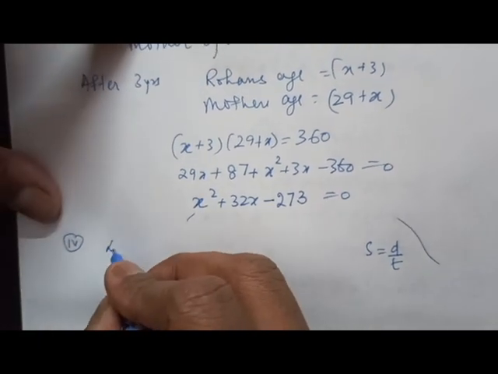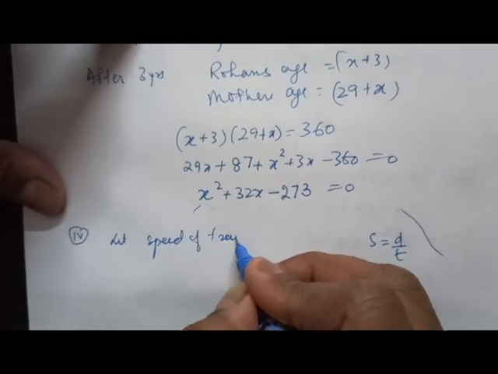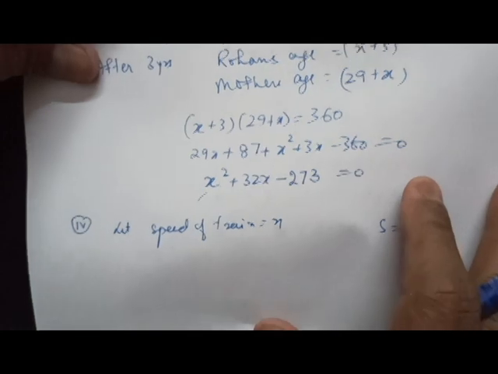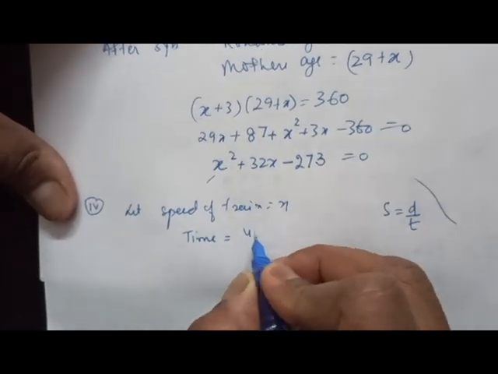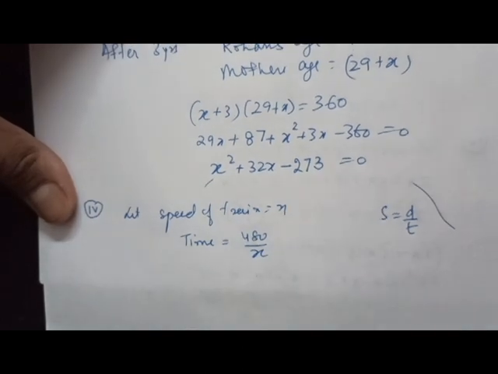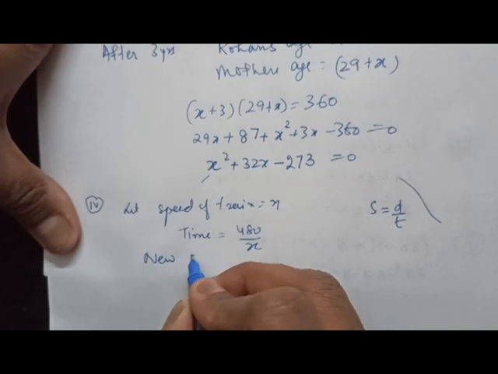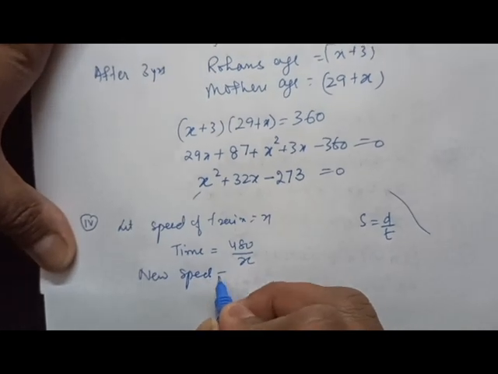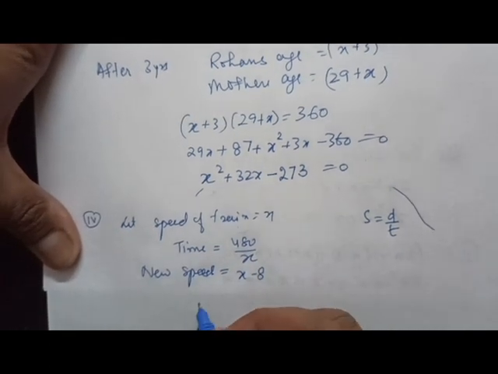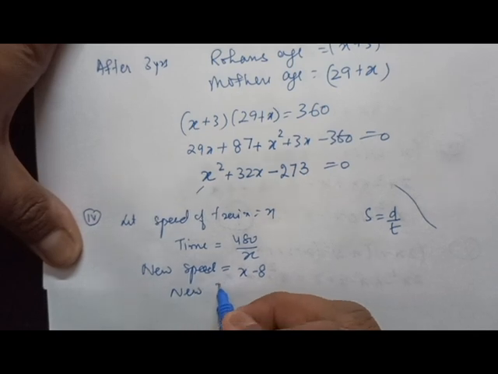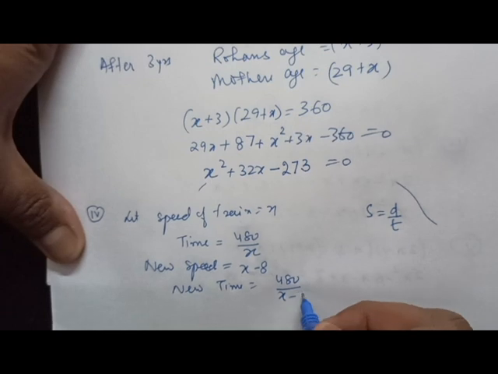So we say let usual speed of train be x and it is traveling 480 km. So time taken for 480 km will be 480 upon x. Now if the speed is 8 km per hour less, that is x minus 8. So new time is 480 upon x minus 8.